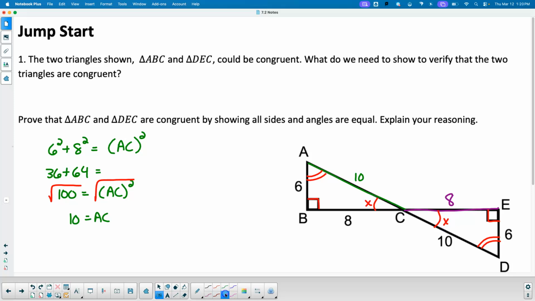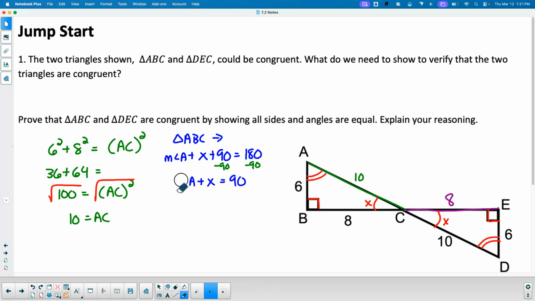And so what I hear you saying is that in triangle ABC, the measure of angle A plus x plus 90 has to equal 180. Is that what you're saying? Yeah. Okay. So if I subtract off 90, then the measure of angle A plus x would be 90. Is that what you're still saying? So then the measure of angle, oops, I forgot the angle part, I just put MA.